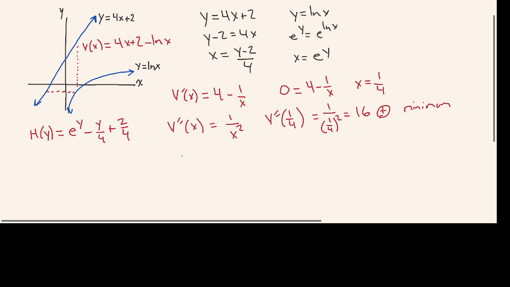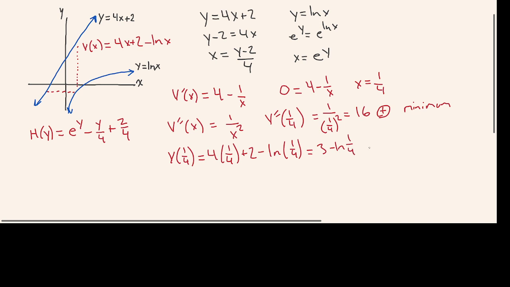So to find what that minimum value is, the minimum value of the function, we plug x equals 1/4 into the original function v of x. So we will get 4 times 1/4 plus 2 minus the natural log of 1/4, which will equal 3 minus the natural log of 1 over 4.